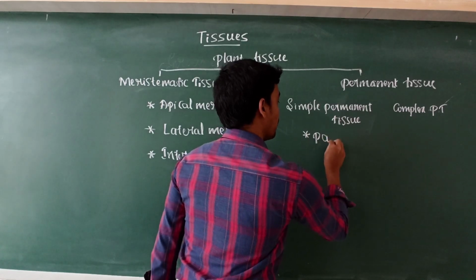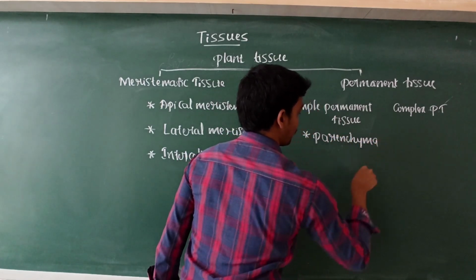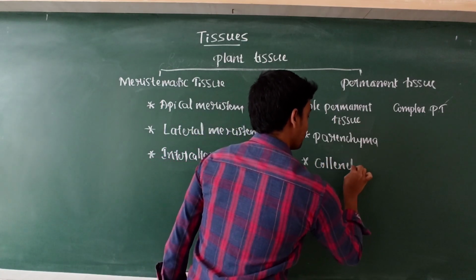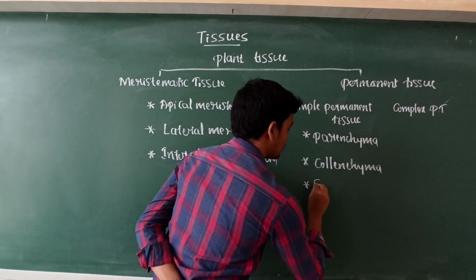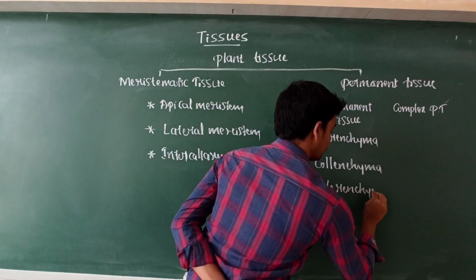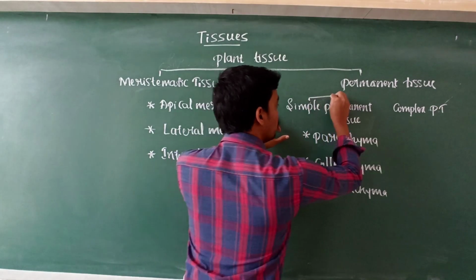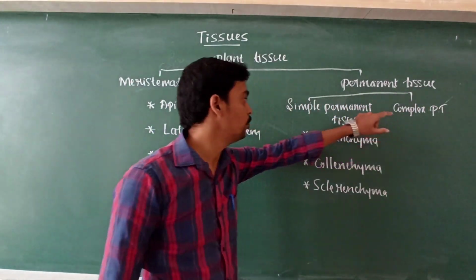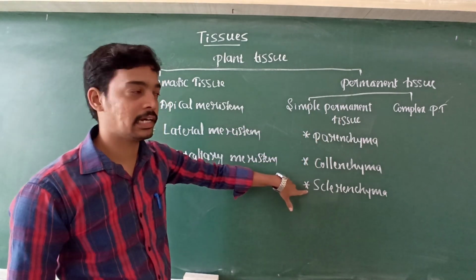First one is parenchyma, next one is collenchyma, and third one is sclerenchyma. Simple permanent tissue has three types: parenchyma, collenchyma and sclerenchyma.